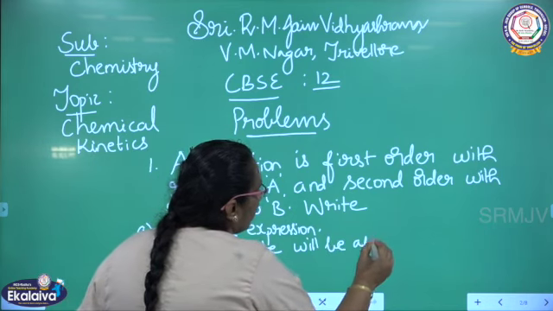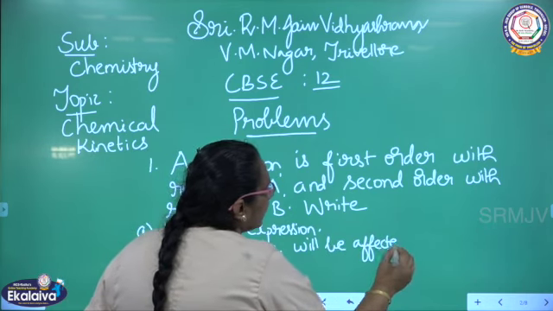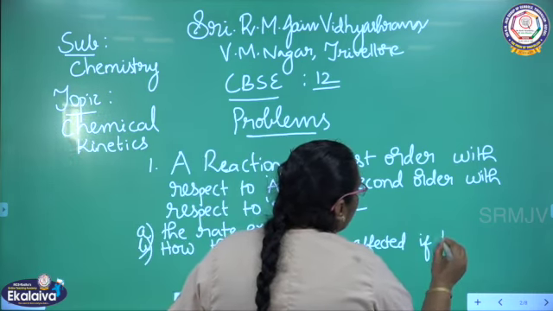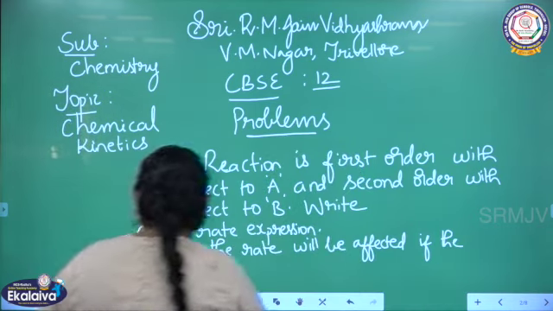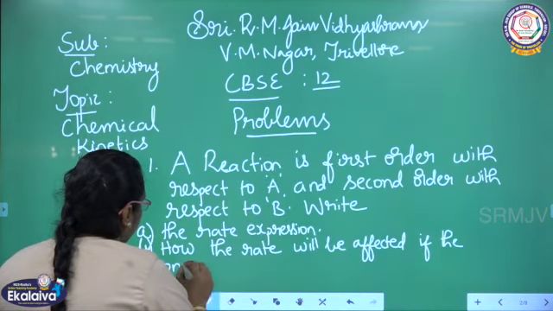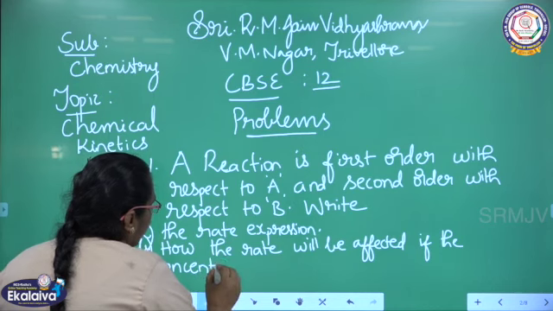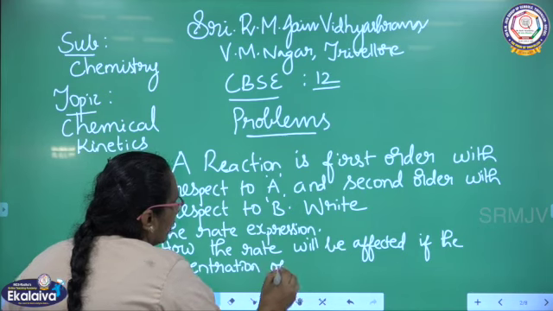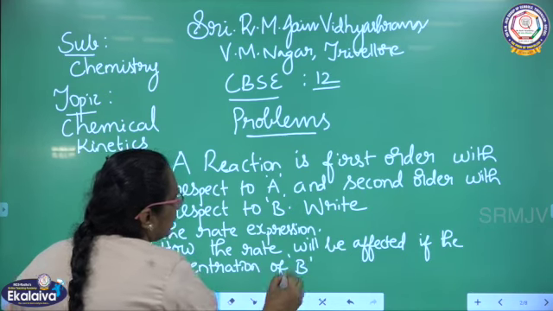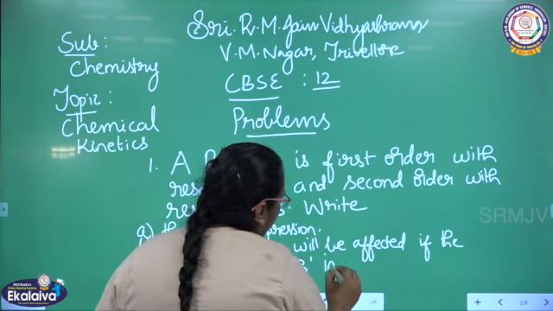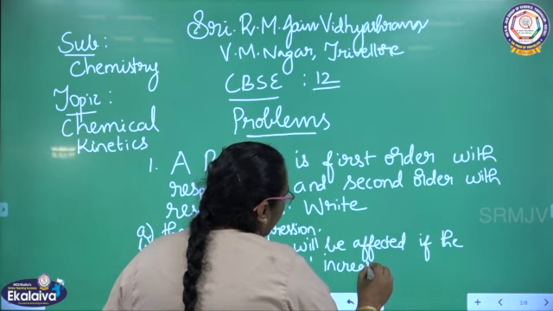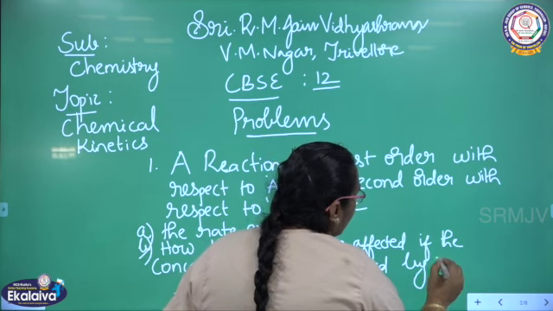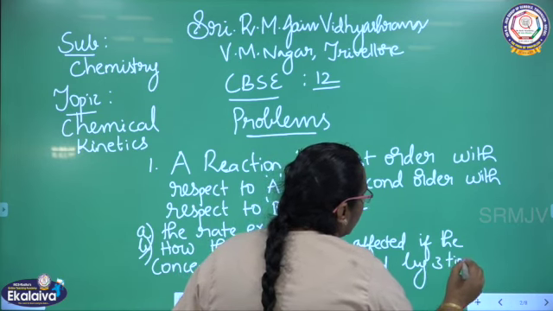How the rate will be affected if the concentration of B is increased by 3 times.